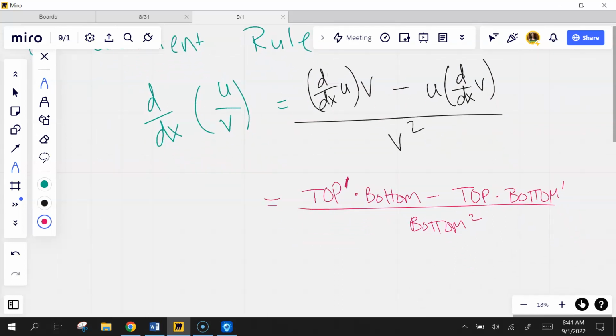The more you say it, the more it sticks in your head. You just have to remember which one to start with, because this one, the order does matter because you're subtracting. So you always take the derivative of the top first. So very similar to the product rule, but I'm subtracting instead of adding, then dividing by the square. So let's do an example, and then I will shut up, I promise.